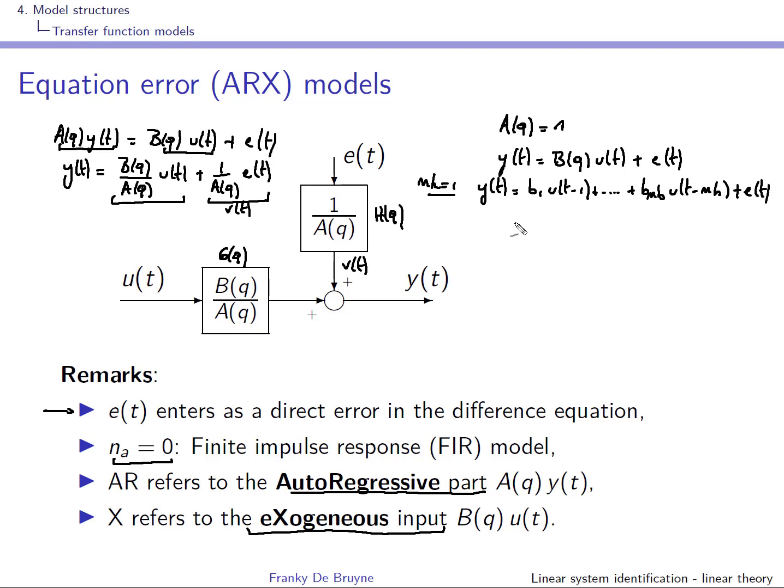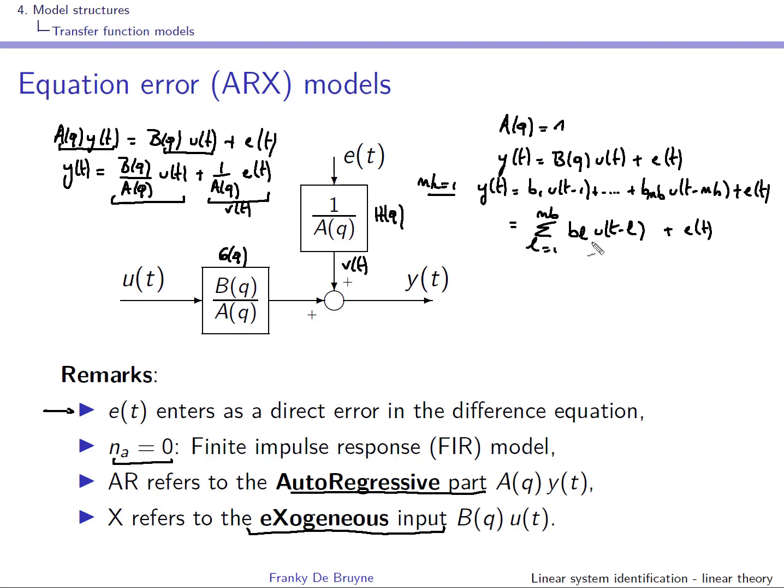And this we can rewrite as follows. So we'll use the index l that ranges from 1 to nb. So we'll call these ones bl, and then we have u(t minus l), and then of course plus e(t).